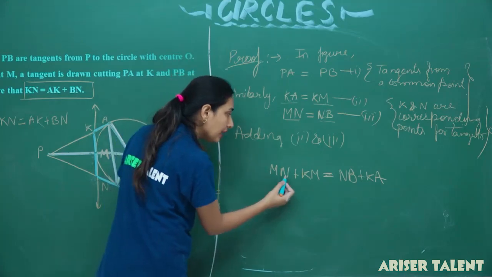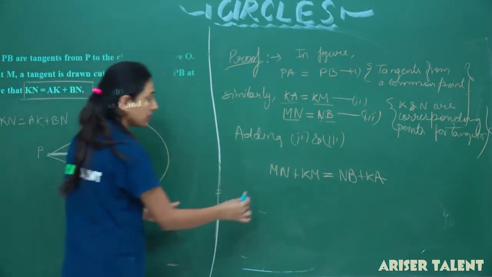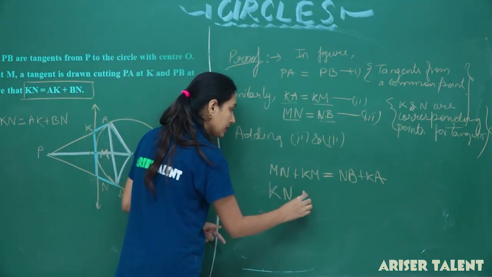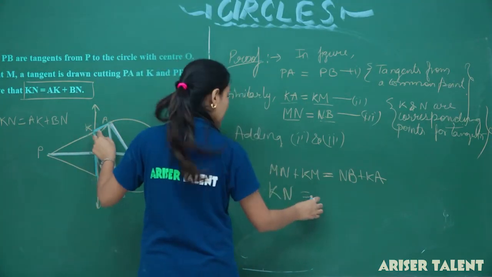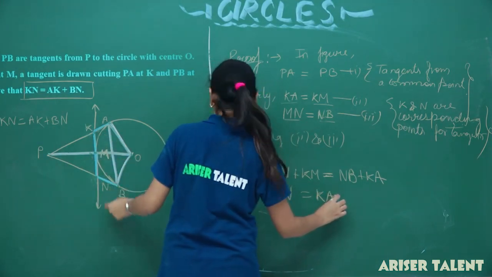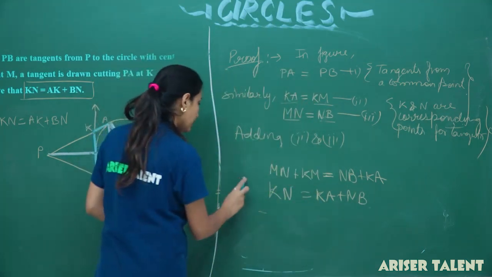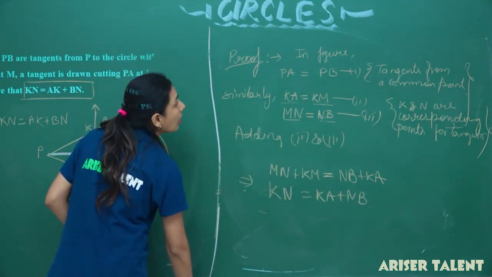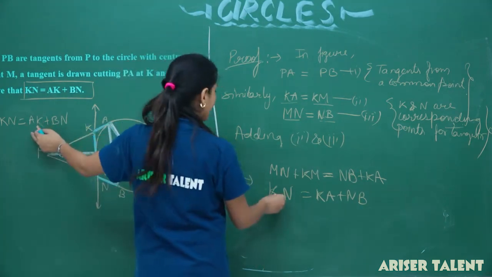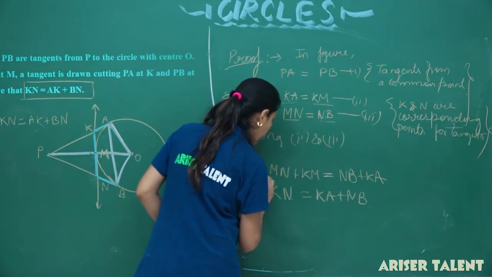Now, this Nm plus Km is what? Kn. So, Kn is equals to what? Ka plus Nb, okay. So, by this equation I proved that Kn equals to Ak plus Nb or Bn, okay.